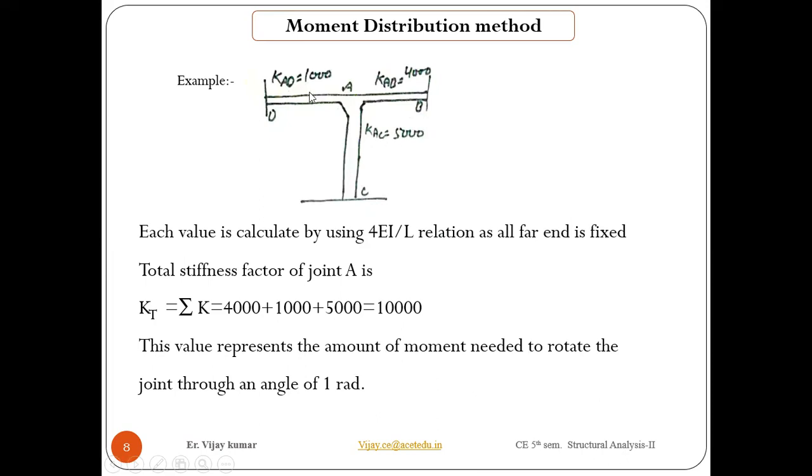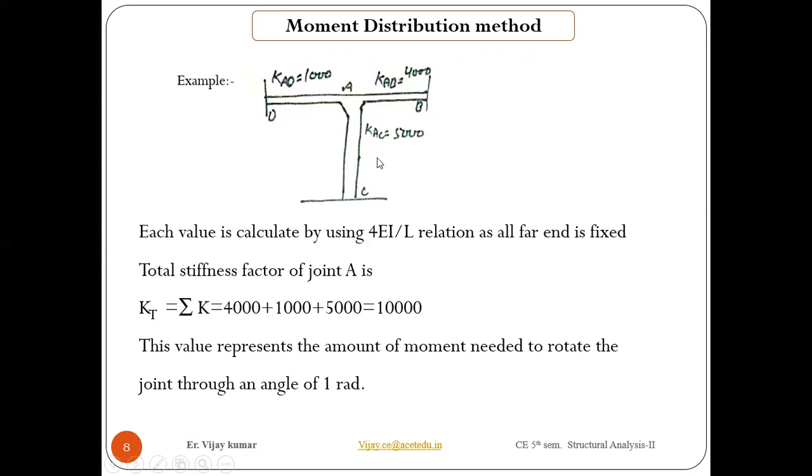That stiffness can be calculated as we have seen in the previous relation, 4EI by L, if the far end is fixed. So for point A, there is KAD, the stiffness of member AD, KAB, the stiffness of AB, and the stiffness factor for AC. Their values are given.